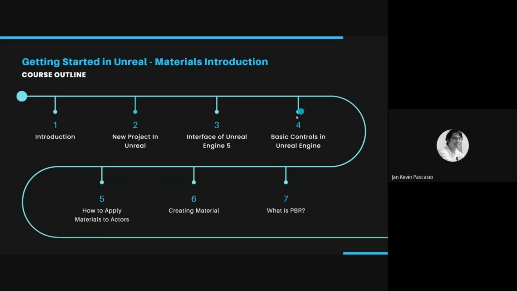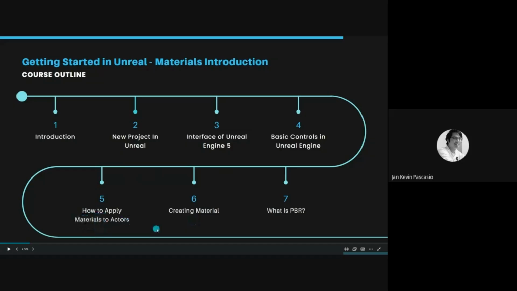The fourth is the basic controls in Unreal Engine. Items 1 to 4 will be a quick run through Unreal Engine, as I know that none of you have yet experienced working with Unreal. Then 5, 6, and 7 start the material discussion.